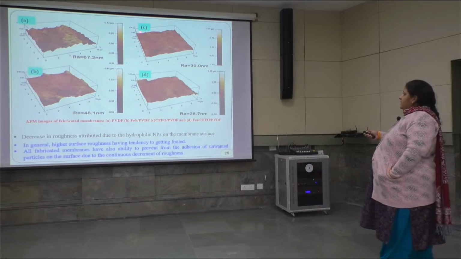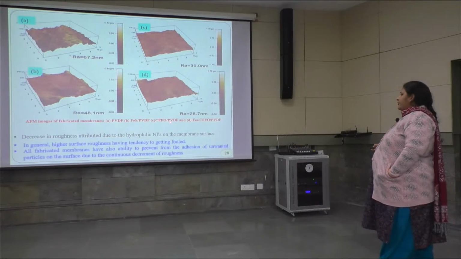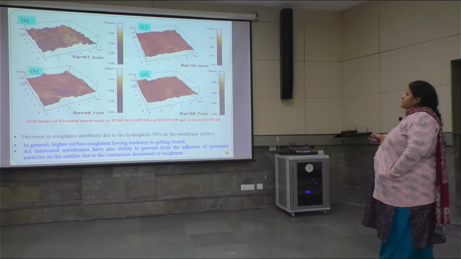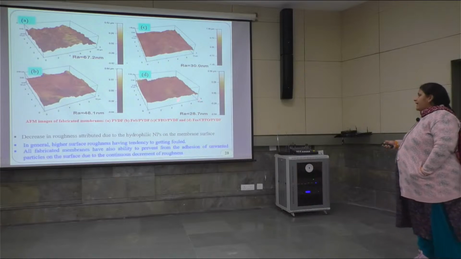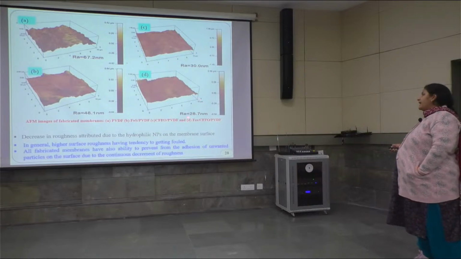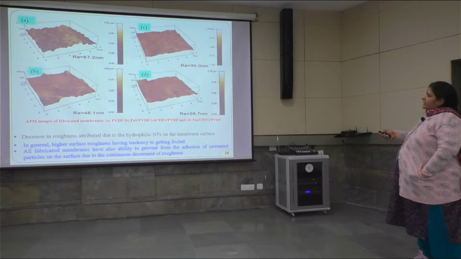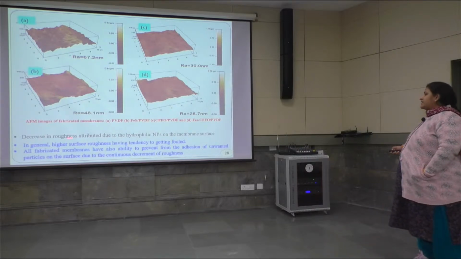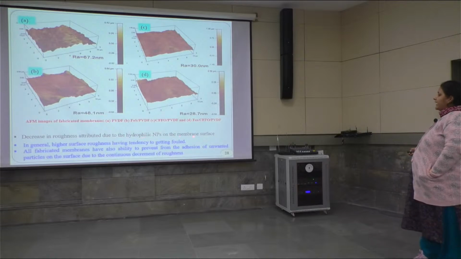In the case of C, which is CFFO PVDF, the roughness decreases again from 48 to 30, and in the case of the membrane with both nanoparticles embedded, the roughness is 28.7, which is lower than all these three membranes. This decrease in roughness is attributed to the hydrophilic nanoparticles on the membrane surfaces.